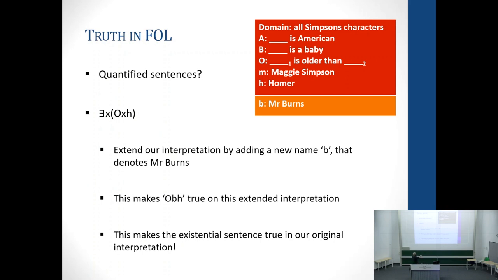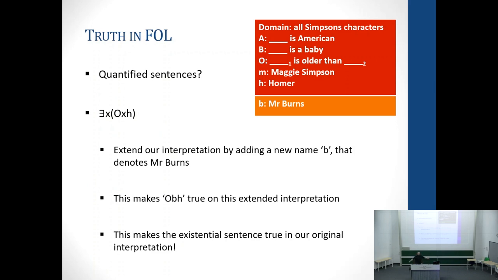So we add an extension. You can see it in this orange color here. And our extension introduces the additional missing name to pick out the object. We can then plug that new name in for X, effectively plugging the object in, and we then get a sentence that's true or false. Does the object named by B stand in the O relation to H? Yeah, because Burns is older.